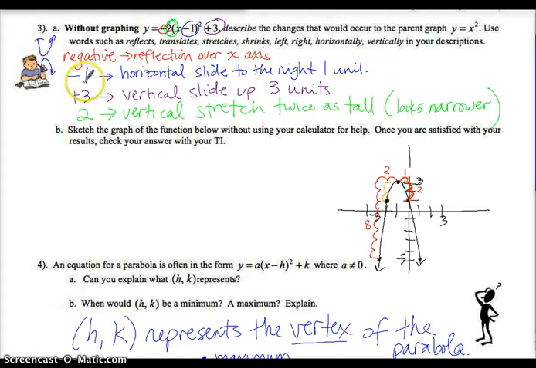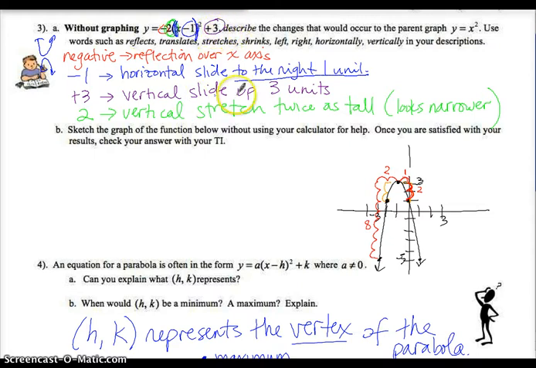The -1 in parentheses, well, if it's in parentheses, it's associated with the x. So you do the opposite, which is you slide to the right 1 unit. So it's a horizontal shift to the right 1 unit. The plus 3 on the outside of the parentheses is associated with y. So therefore, if it's on the opposite side of the y, you do the same as what it says.